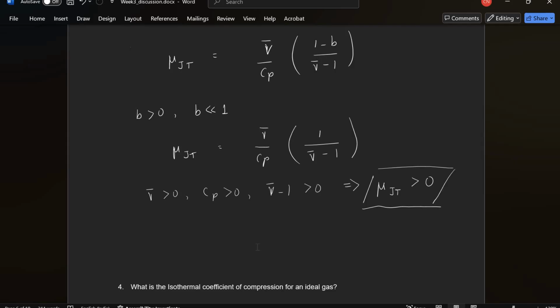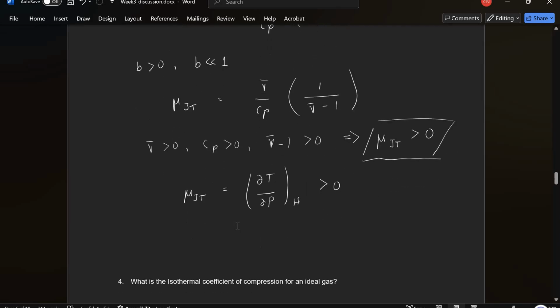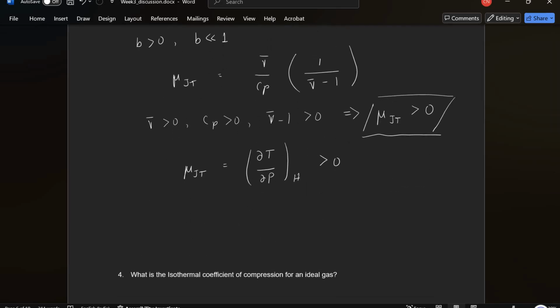Since this is positive, what is also nu JT? The Joule-Thomson coefficient is equal to delta T by delta P at constant enthalpy, right? That is something we know already, and it is greater than 0, which means a positive slope.